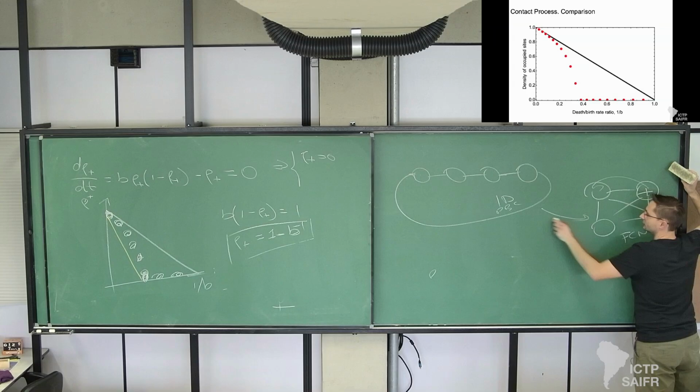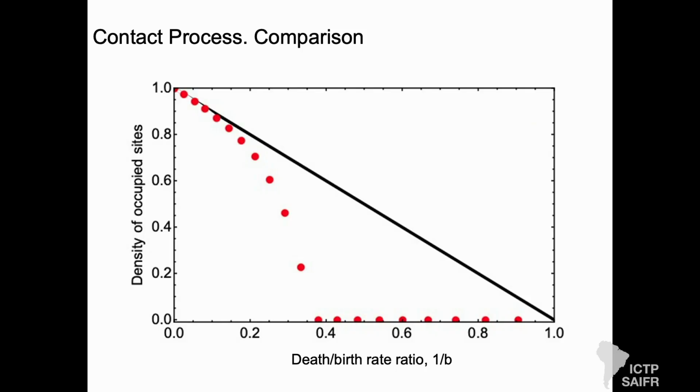First there. What is the intuition behind the fact that the solution and the numerical simulations are equivalent for higher values of B? Ah, very good question. What is the intuition? Any intuition? Anyone? When the birth rate is really high, you always get the available sites populated.